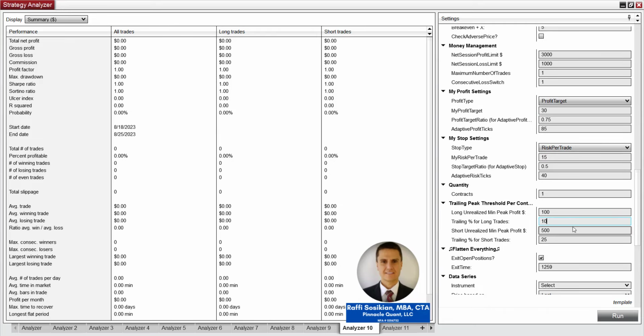Trail it by 10%. Now, if you are an independent trader of any kind, you're trading futures, you're on NinjaTrader, and you're using any trailing stop that is essentially NinjaTrader's trailing stop, even though NinjaTrader, in my opinion, is the best platform for futures trading, the trailing stop cannot be granular that way.